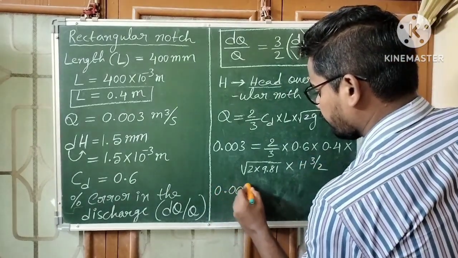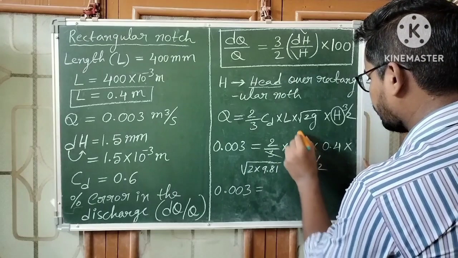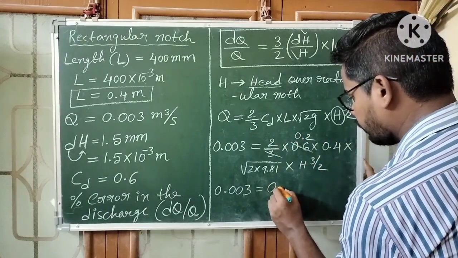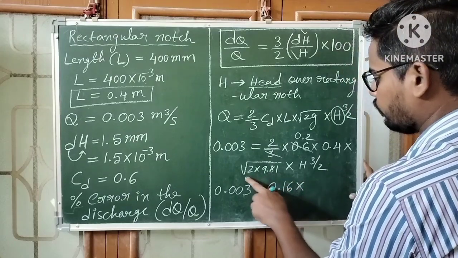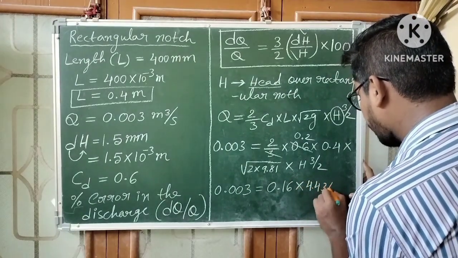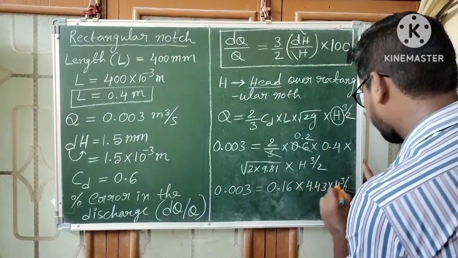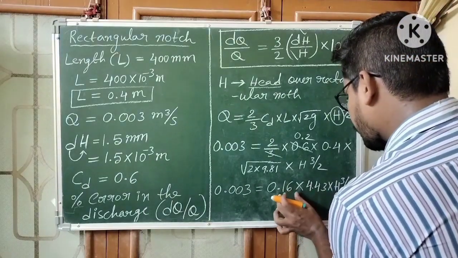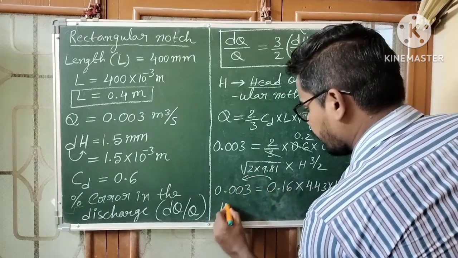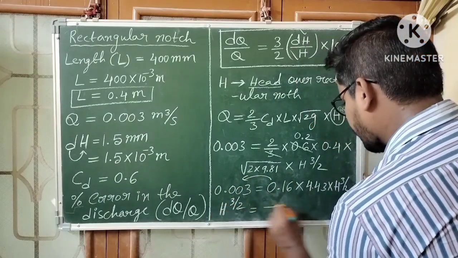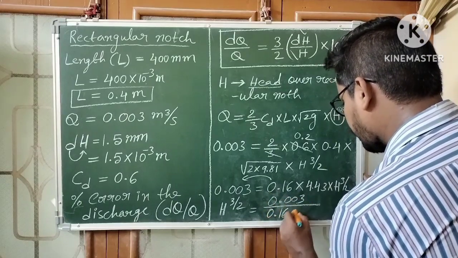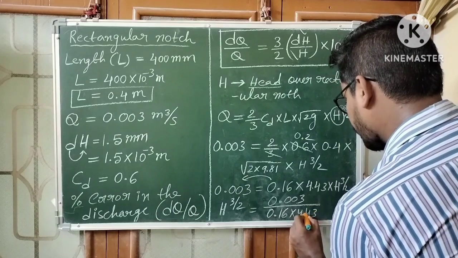Let us simplify further. In 0.003, 3 ones are 3 and 3 into 0.2 is 0.6. 2 into 0.2 is 0.4, and 0.4 into 0.4 is 0.16. The value of root over 2 into 9.81 is approximately 4.43, into H power 3 by 2. Here we need the H value, so transpose 0.16 and 4.43 to the left hand side. You will get H power 3 by 2 is equal to 0.003 divided by 0.16 into 4.43.